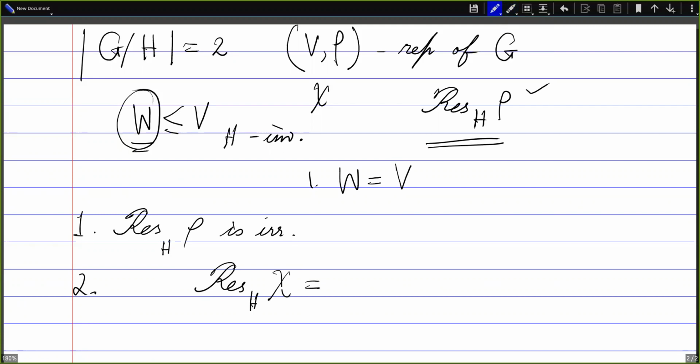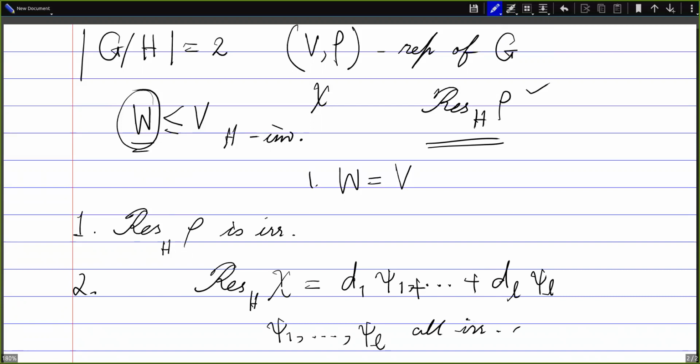If psi1 up to psi l are distinct irreducible characters of H, all irreducible characters of H, distinct irreducible characters.